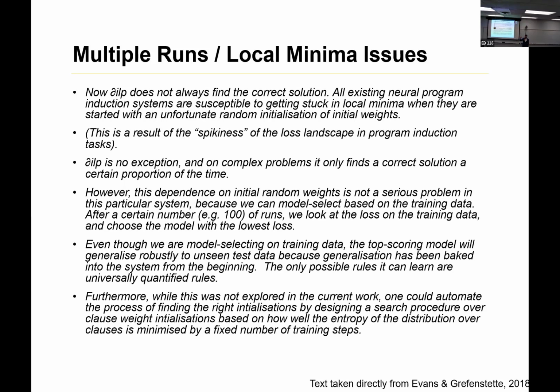And the good news is, because of what they call the inductive bias of the model, which is the ability to generalize, all they have to do is, out of like 100 runs, pick the one that has the lowest loss. And that kind of makes a lot of sense to me because remember, they're dealing with learning non-ground rules, which are going to be more general.